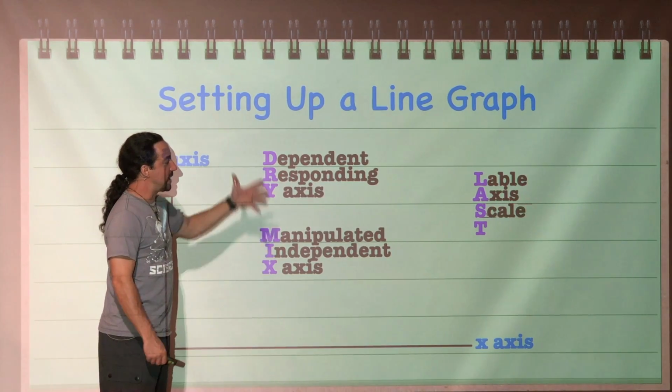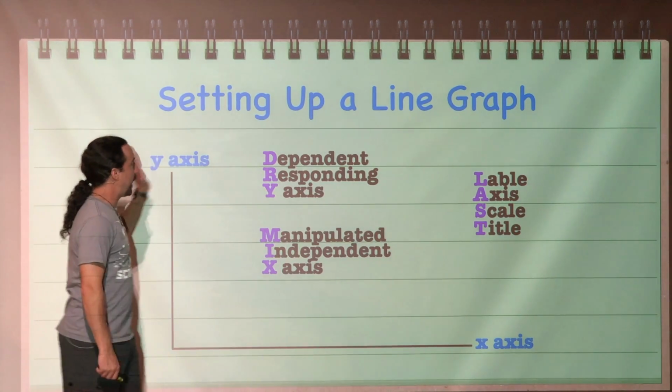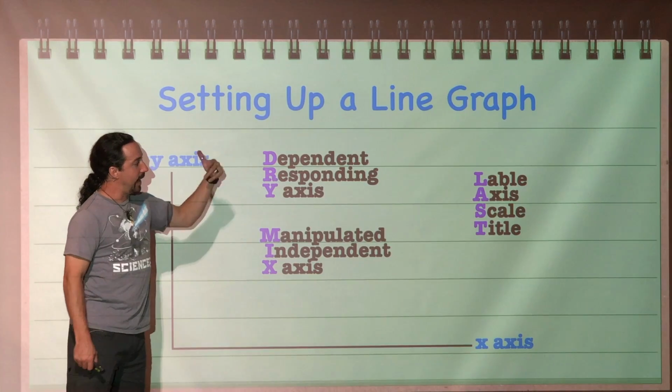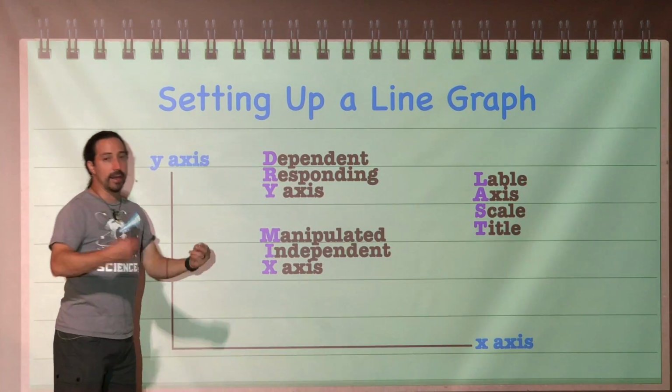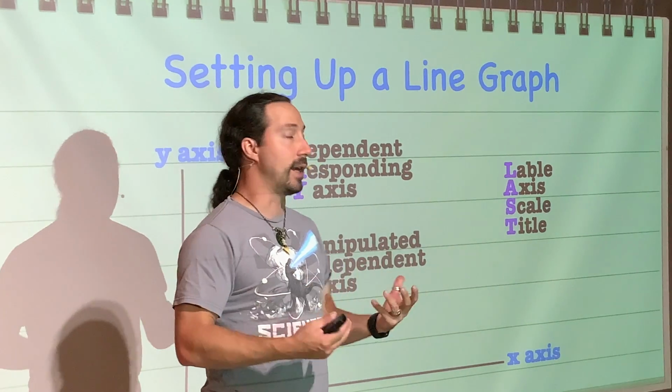We have to set up an appropriate scale along the axes. And we have to give our graph a title. And that allows us to have an appropriate setup for our line graph. DRY, MIX, and LAST. That gives us all the information we need to set up an appropriate line graph.